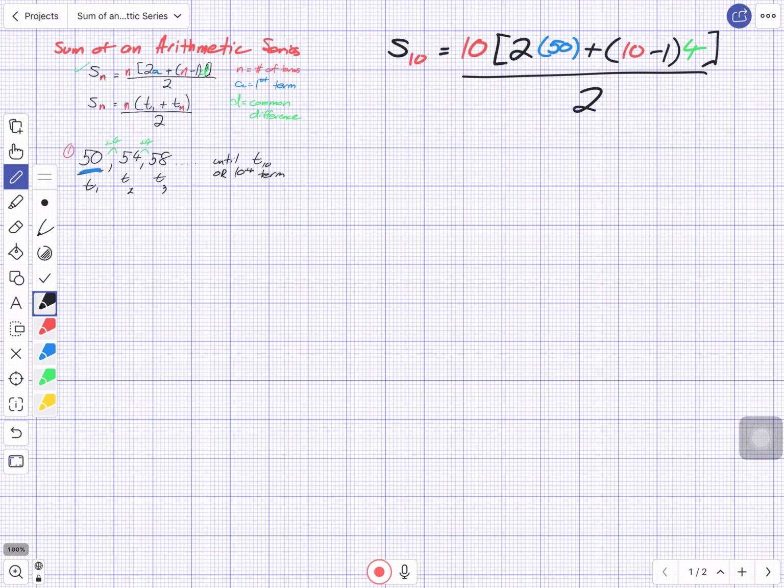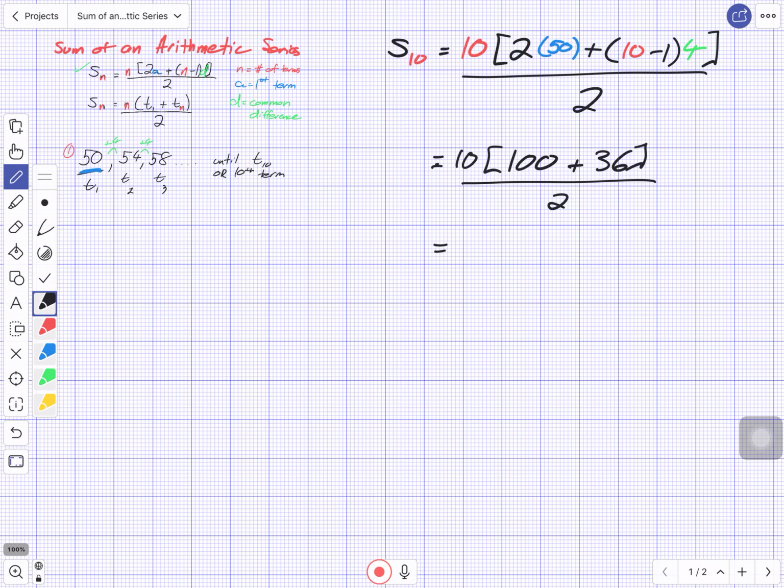So we just have to do some calculating now. This is relatively simple math. Work inside those brackets. We have 2 times 50, 100. That's simple. And then we know 10 minus 1 is 9, times 4, 36. Great. Nice and fast. Okay, what is 100 plus 36? 136.